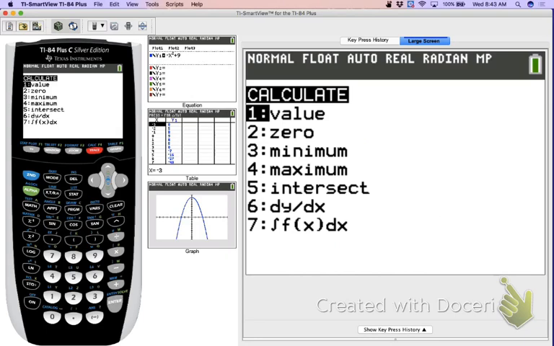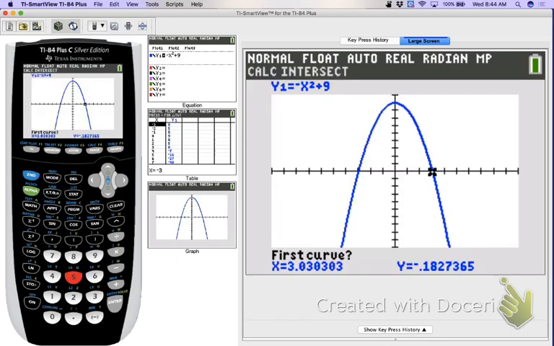A lot of this, if you don't know, you can find your minimum values and your maximum values, as far as where it curves and where your vertex would be, even if we go to 5. Now we only have one curve, so we're not going to have any sort of intersection.